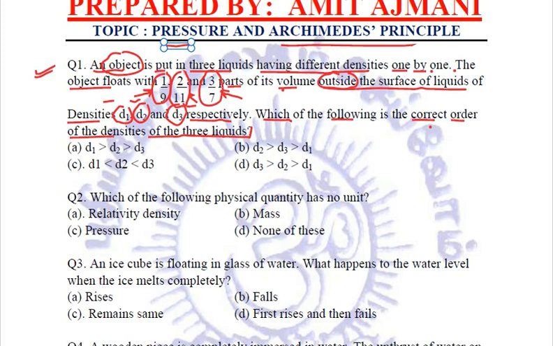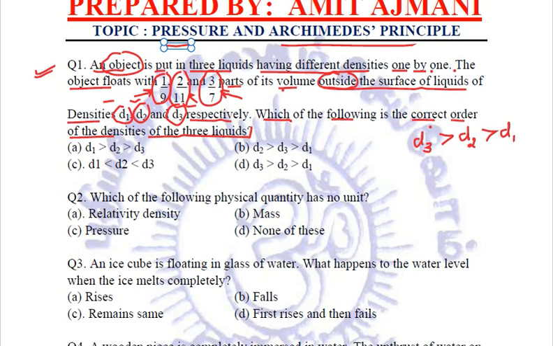So we conclude that the density of this third liquid is the greatest. After that, this second liquid with density D2 is greater as compared to the density D1, right? So the sequence is that D3 is greater in density as compared to D2, and D2 is greater than D1.